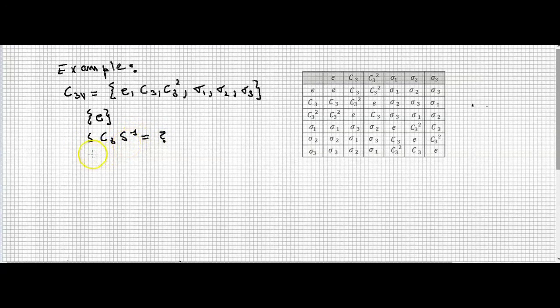So if I take the identity, of course, this is C3. So C3 is conjugated to C3, this is normal.